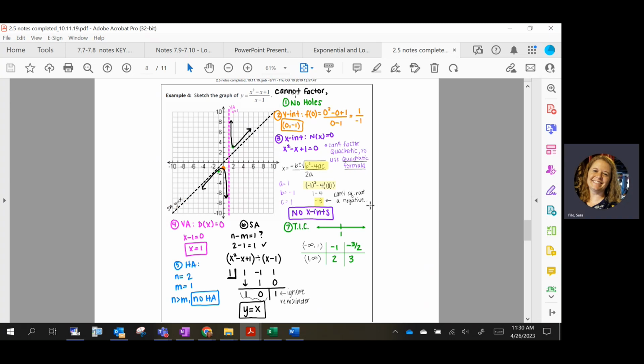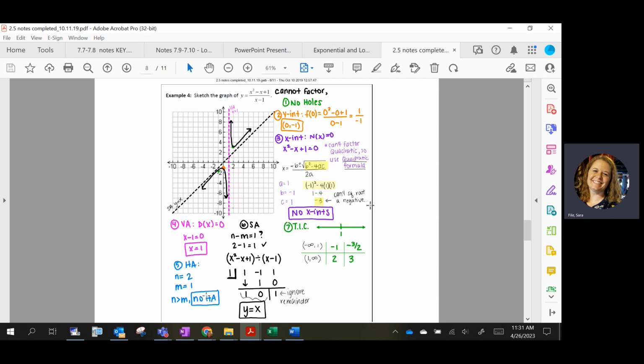And we said you cannot factor, so there would have been no holes. And because you couldn't factor on step 3, you would have had to try the quadratic formula, which doesn't work because you can't take the square root of a negative. So there's no x-intercepts. It doesn't cross.